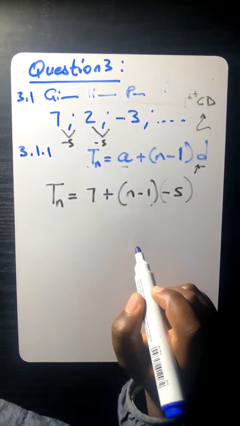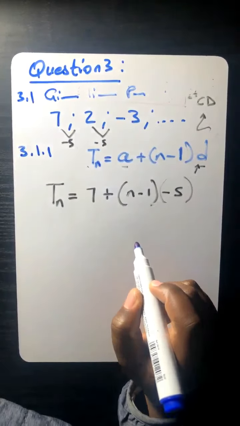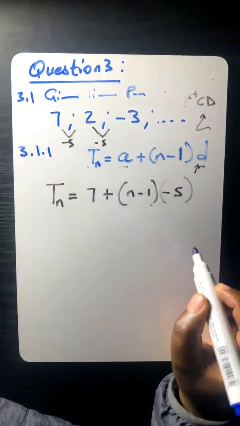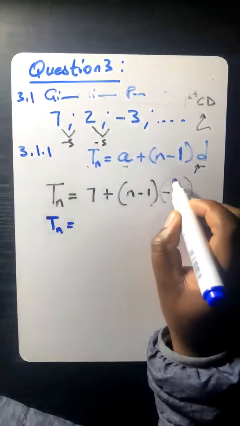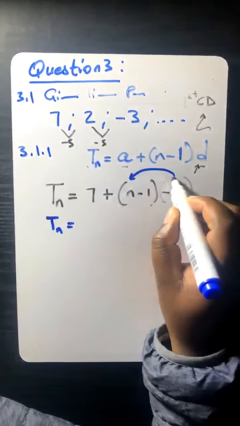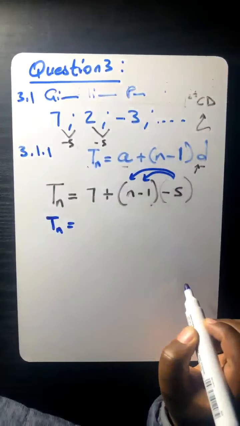So now it's just a matter of you removing the brackets, and then you'll be done. So that means you've got Tn. So you can now say this times that, and then this times that.